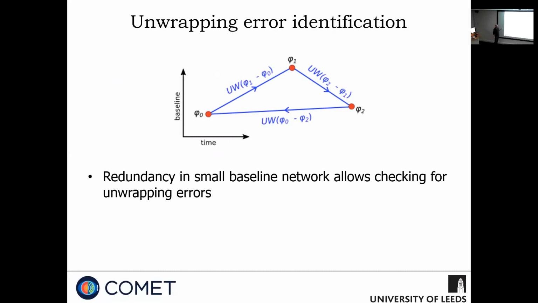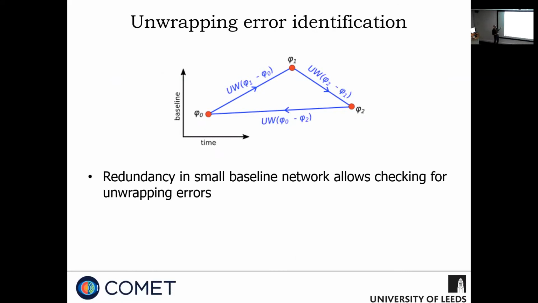One nice thing about the small baseline approach, as opposed to the DS approach, is you have some redundancy. In principle, you have three images and form three interferograms. Then summing up this one and this one should give you the same phase as this interferogram. So you can take different paths around the network to get the same result in principle.